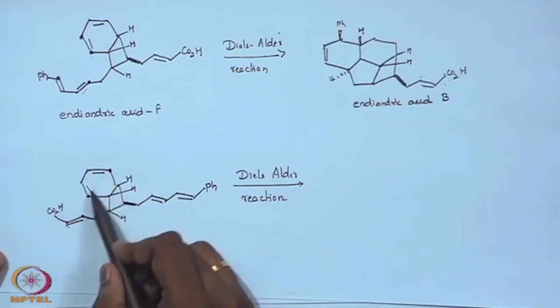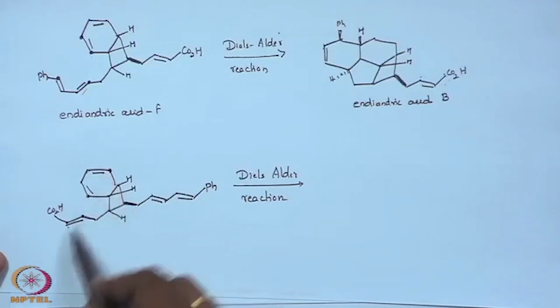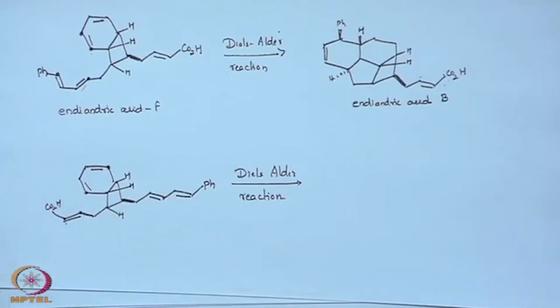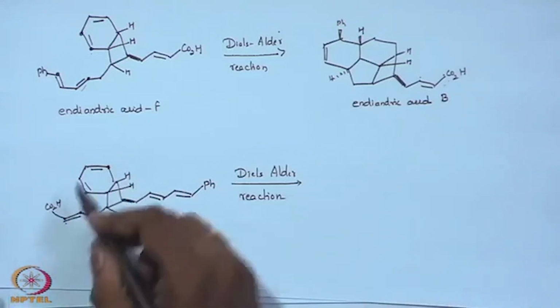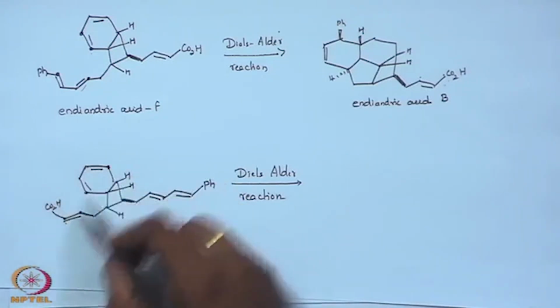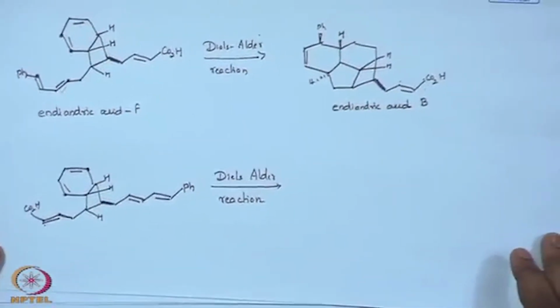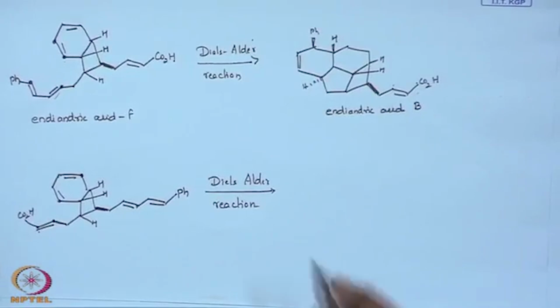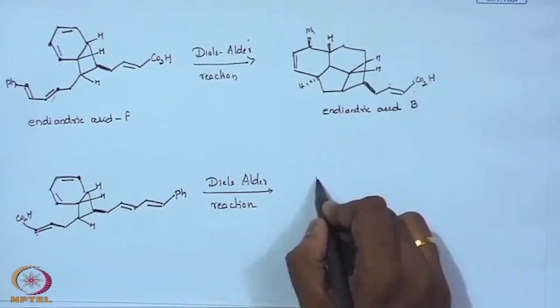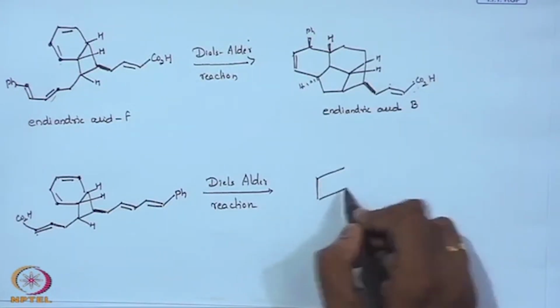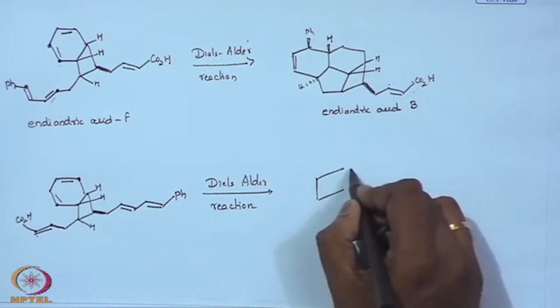So, your 4 electrons come from here and your 2 electrons come from here, clear. So, now if you do the Diels-Alder, draw the structure, just see how it can add up. Best way to draw it is like this.